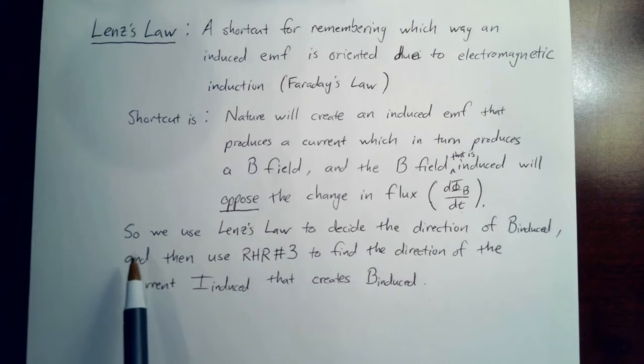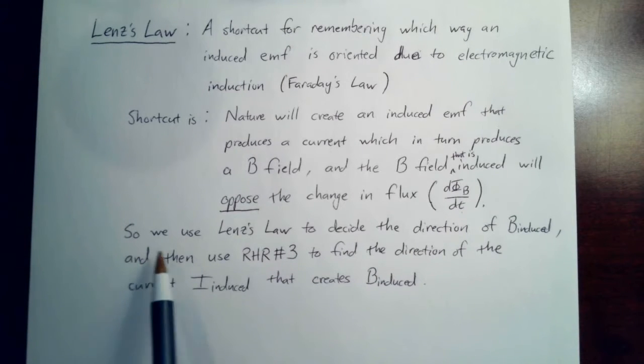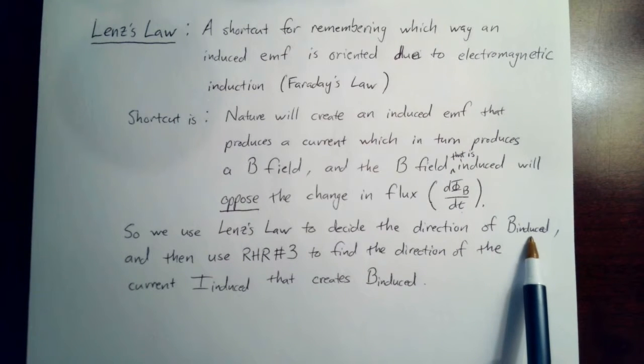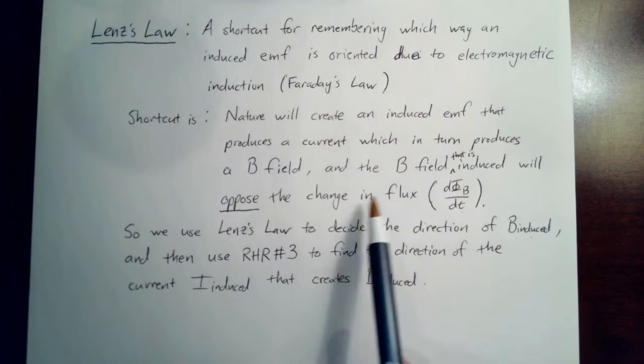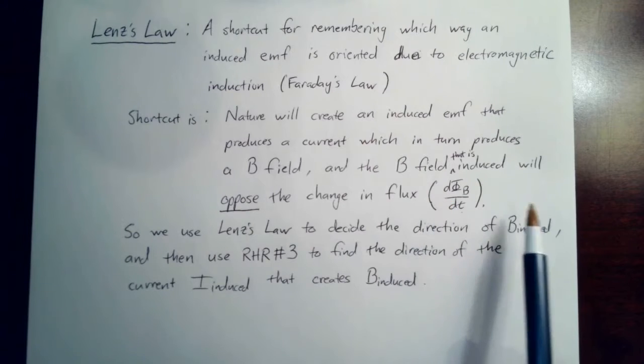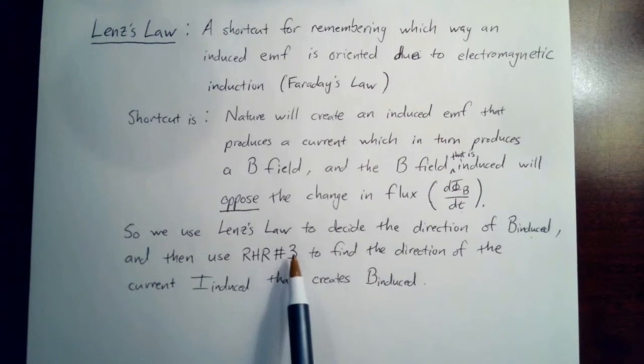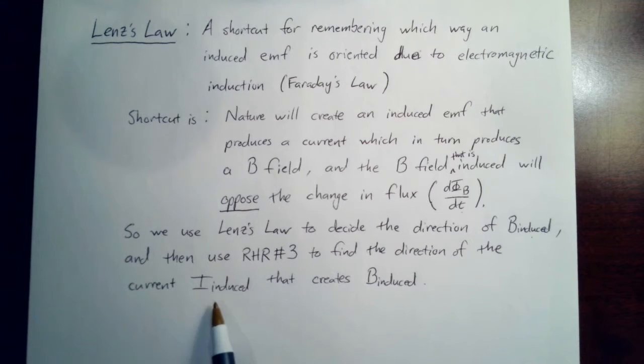So how it works in practice is we use Lenz's law first to decide the direction of B induced, because B induced is going to oppose the change in flux. Then we use right-hand rule number 3 to find the direction of the current that creates that magnetic field.